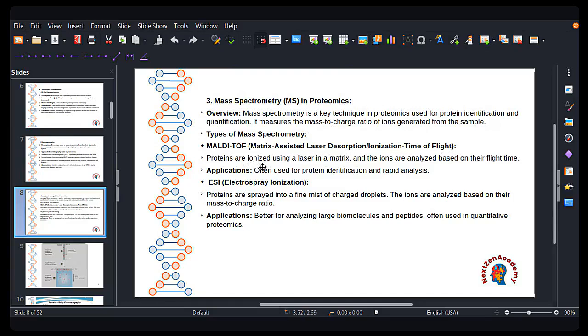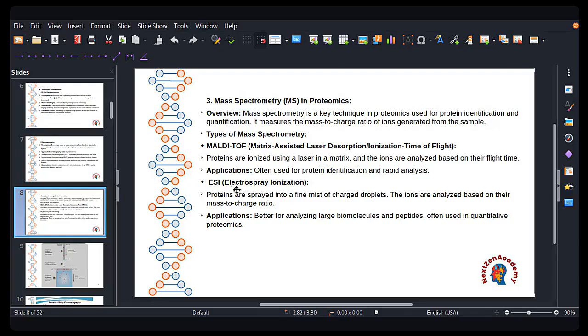So proteins are ionized using a laser in the matrix and the ions are analyzed based on their time of flight. Okay. So remember this. It's a type of mass spectrometry where we use a laser in the matrix and the ions are analyzed based on their time of flight. Its application is protein identification and rapid analysis.